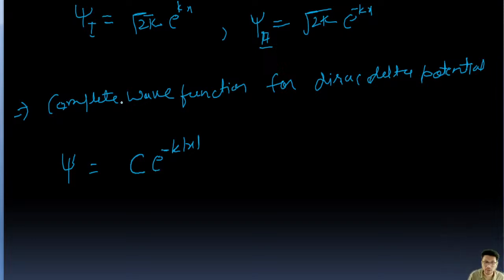So psi equal to c e to the power minus k mod x. Now we'll normalize it. Normalization we know: psi star psi dx is going to be 1.